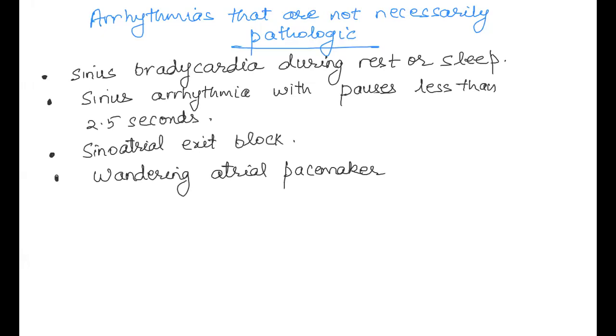That is called a pacemaker. If a person is already on a pacemaker, then he has a chance of missing beats. Premature atrial or ventricular complexes.